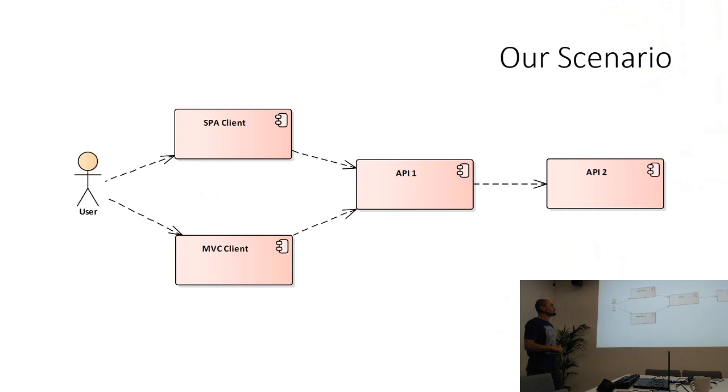So if OpenID Connect didn't exist, how would you secure this scenario in the past? For the MVC client application, we could use forms-based security. It means this application had its own database of users. It stored the users and the passwords, and used cookies and forms to perform the authentication.